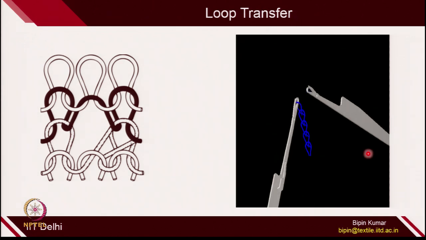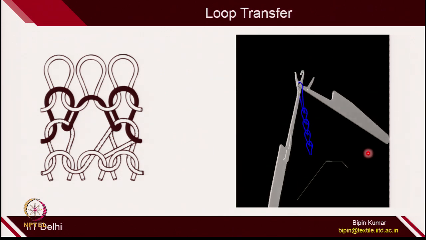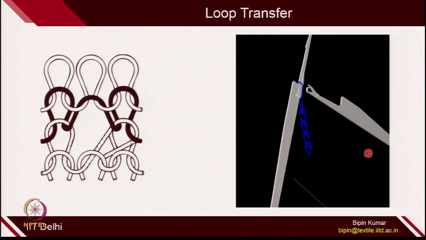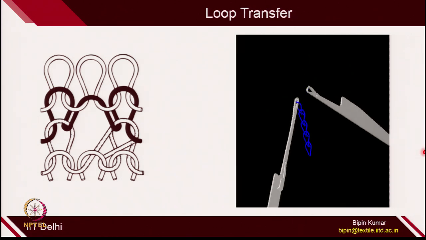In one of the lectures, especially when I was discussing pearl fabric development, I introduced you to this loop transfer function, where you can transfer the loop from front bed to back bed, and again transfer the loops from back bed to front bed. If you continue doing that, you can create pearl fabrics on a V-bed machine.